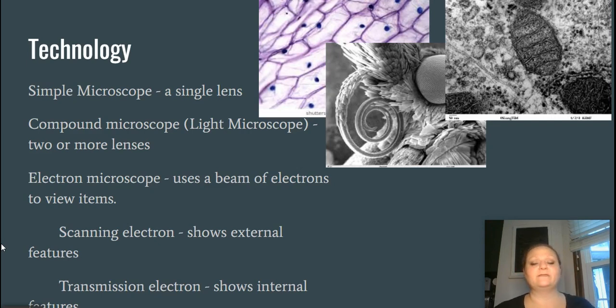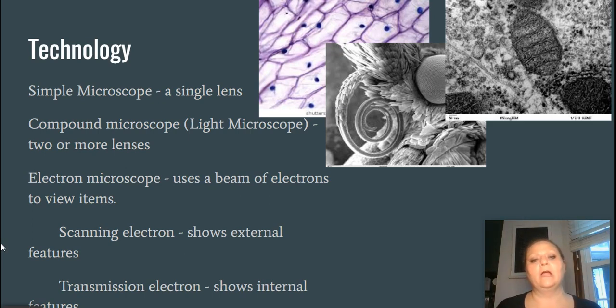Compound microscope is developed, multiple lenses that allow us to see more clearly and at higher magnification. And then in the 1950s, we discover that if you take a beam of electrons, the same ones that are zipping around the atom, and shoot them at the surface of a specimen, they'll bounce off in a pattern that computers can recognize. So we needed not only the ability to control electrons, but also the ability to use a computer. And so these electron microscopes are capable of showing us incredible images.